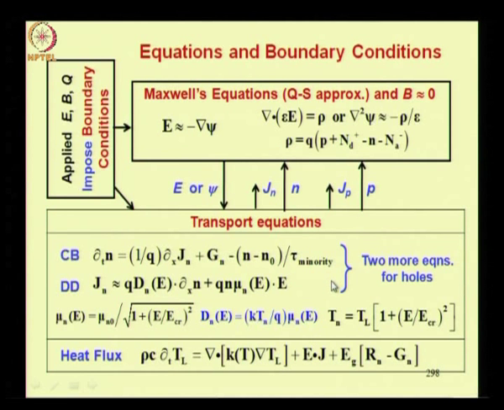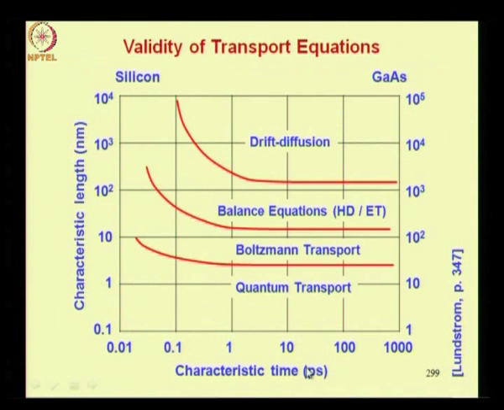It has 2 equations for electrons, 2 equations for holes, and an equation for the heat flux in the transport equations. We pointed out the validity of various regimes in terms of the rate at which the applied signal varies with time and the device length for silicon and gallium arsenide.